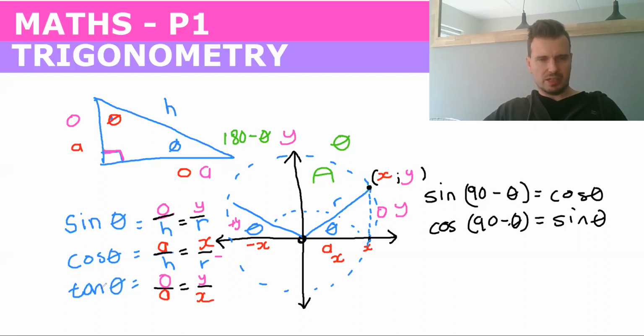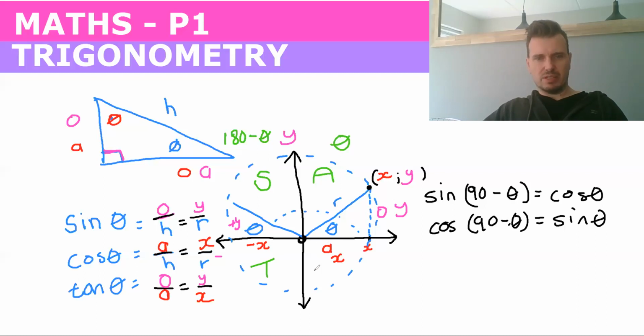So cos would be negative and tan would be negative, but sine would still be positive. And so that's where this S comes from. I'm not going to go through this one, but everything is negative here. And tan is negative over negative, which is a positive. So tan is the only thing that will be positive in this one.